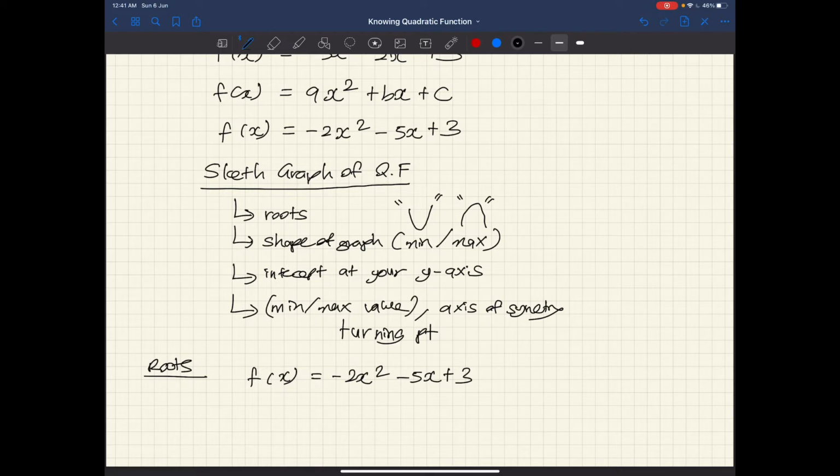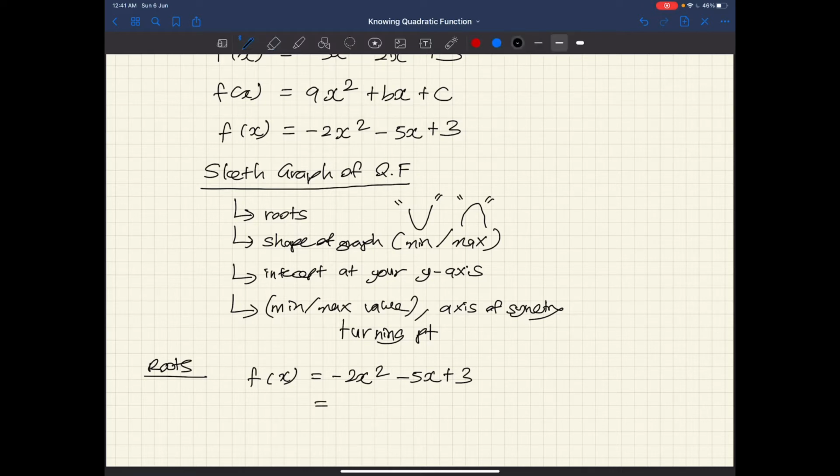To find the roots, as I mentioned in the previous lesson, there are 3 ways. Factorization, if it is simple, any method that would work, is your quadratic formula. You can use your quadratic formula to find your roots for x, and another method is completing the square. In this case the function is simple, so therefore I will factorize this.